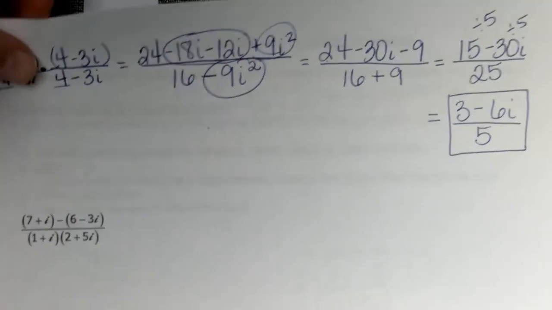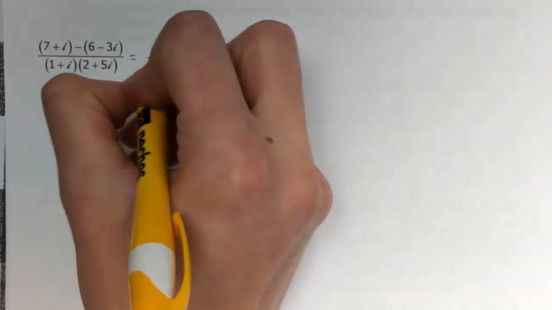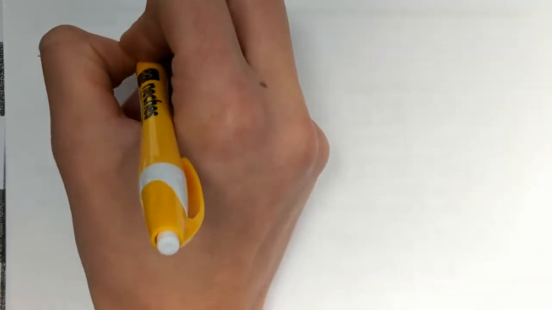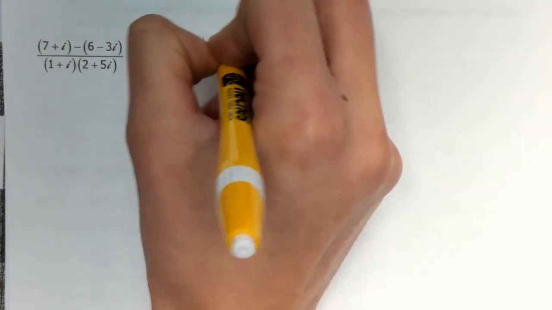All right. Now this next one, you've got to pay attention to what operation is in the middle of the two parentheses in your numerator. Okay, I don't just start multiplying those. I have a subtraction symbol. So I've got 7 plus i. I've got minus the entire thing. So that's going to turn into minus 6 plus 3i.